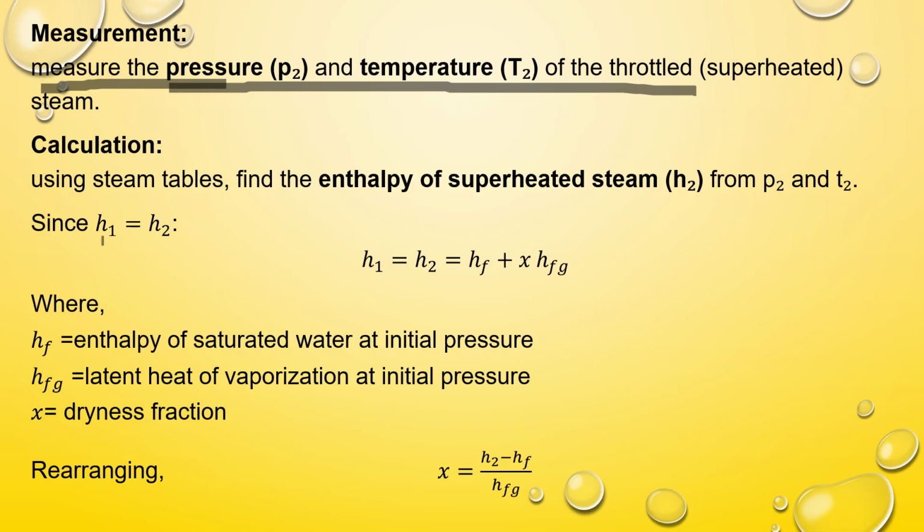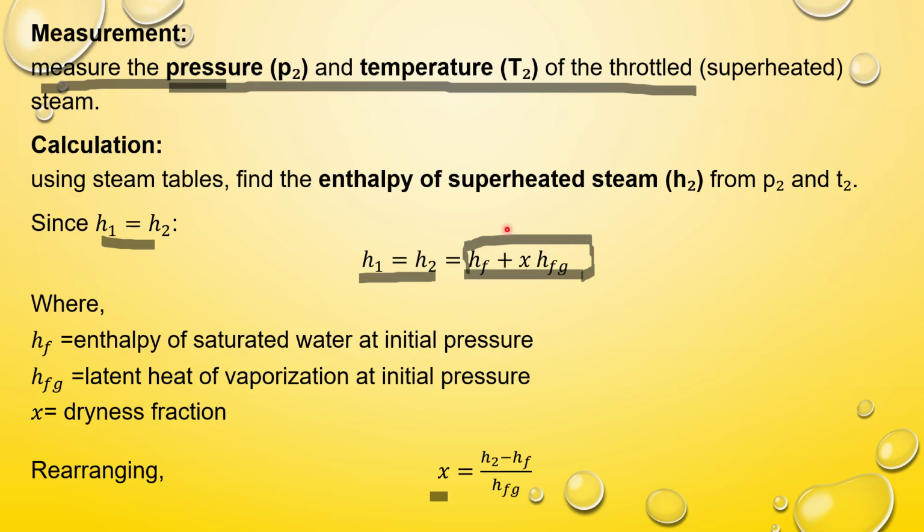Now as you know H1 equals H2, that is equal to HF plus X HFG. This is the enthalpy calculation for wet steam, and we will get the X value by simply doing H2 minus HF divided by HFG.